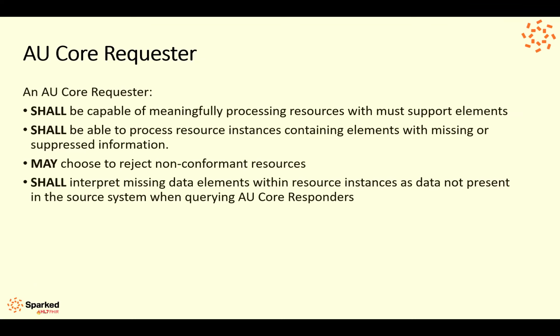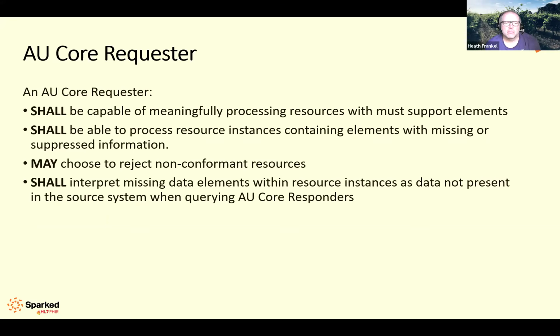That first one says that you're not allowed to request data that you can't process. Is that intended? This is a requester. As I read it, a requester is not allowed to request information that it can't process.